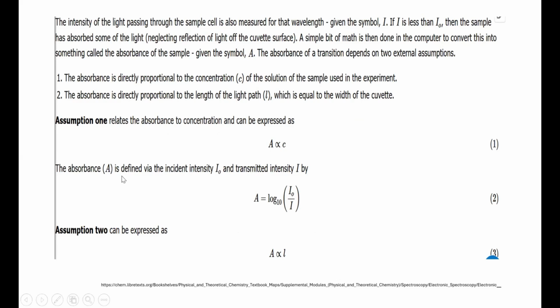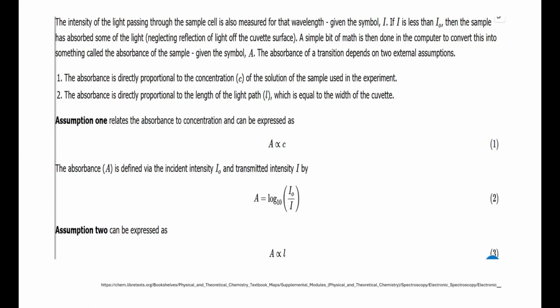How do we define absorbance? It is defined via the incident intensity, that is the light falling onto the sample, and the light passing through the sample and still remaining, which is transmitted, and that is measured. So I0 is the incident intensity and I is the transmitted intensity.